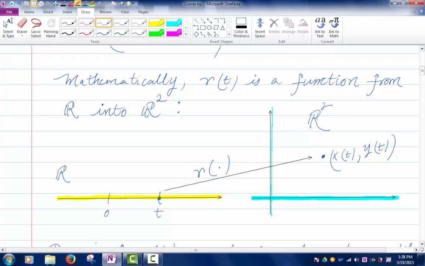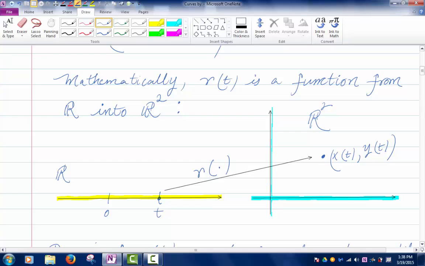Your input lies in the one-dimensional space, your output lies in the two-dimensional space. Am I clear? So what is R of t? R of t is just a function that takes a real number to a point in the plane.